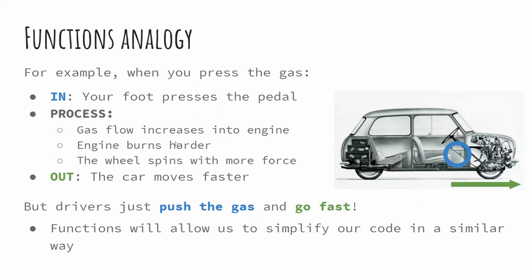So a lot of stuff is happening behind the scenes. We're just pressing the pedal, and we are not able to see all of that, but we can realize that the car moves faster when we press it. The drivers just push the gas and go fast. Functions allow us to simplify our code in a similar way.